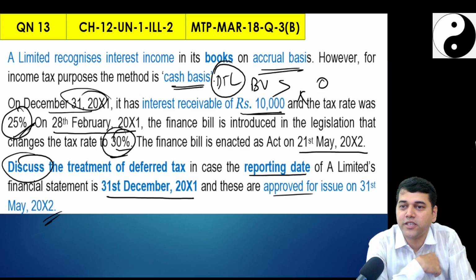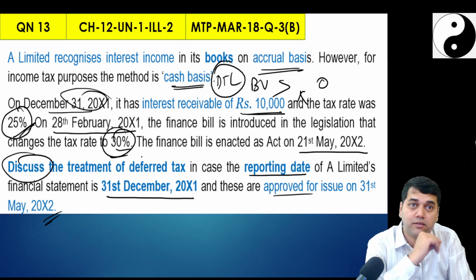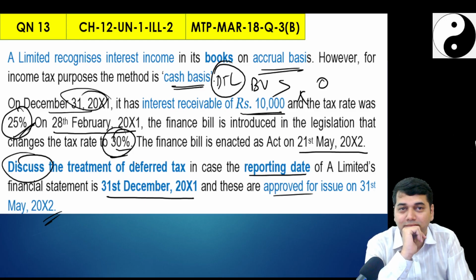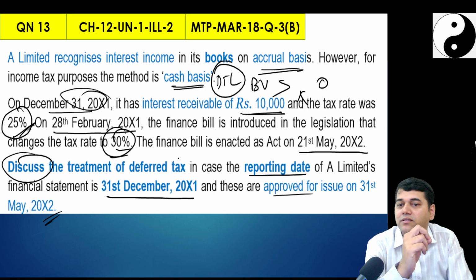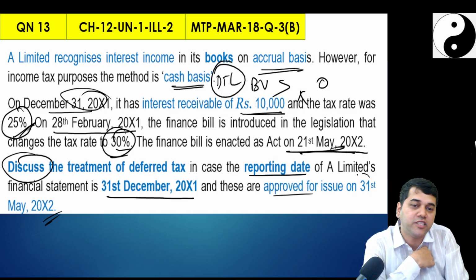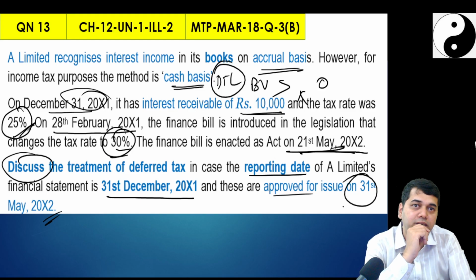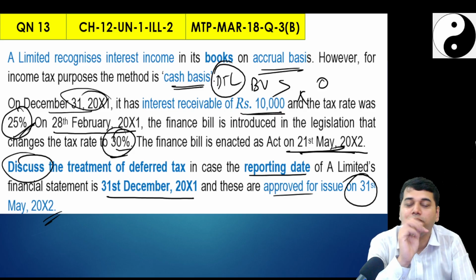It is substantial, introduced on 28th February, and in the exam they may say that the government has a majority in the parliament, because in some questions they have that language, and they have enacted it also on 21st May. But my financials were approved after. Is it a subsequent event? Should I check that? Which rate should I take? 25% or 30%?